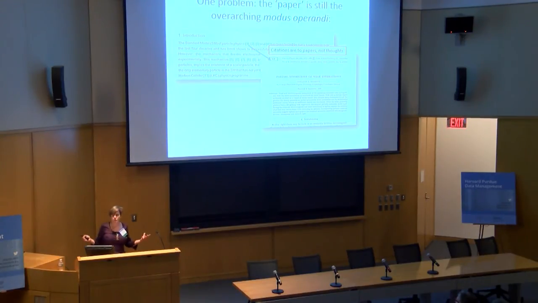It would be much better if we were to say this particular thought is derived from this other thought that is embedded within this paper, or that is a connection of claims within a paper that is linked to a particular data set. So I believe that we should enable, and technically it's possible, with the infrastructures we build, such claim-evidence networks where you can cite to a more granular unit of thought or unit of data.